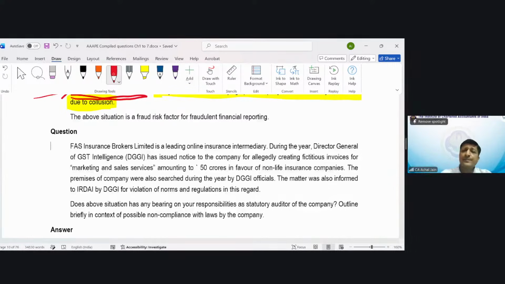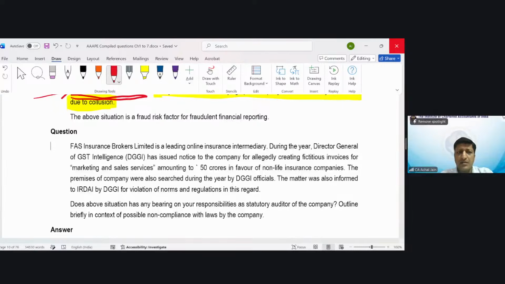During the year, the Director General of GST Intelligence has issued a notice to the company for allegedly creating fictitious invoices for marketing and sales services amounting to rupees 50 crore in favor of non-life insurance companies.